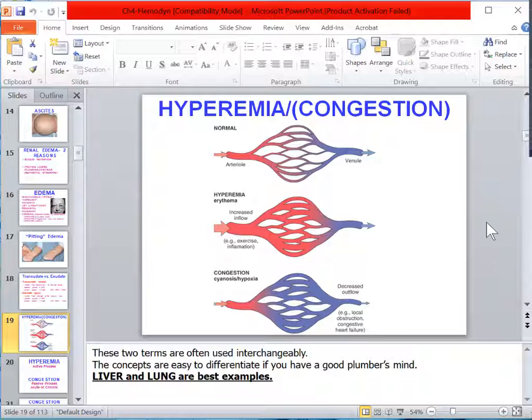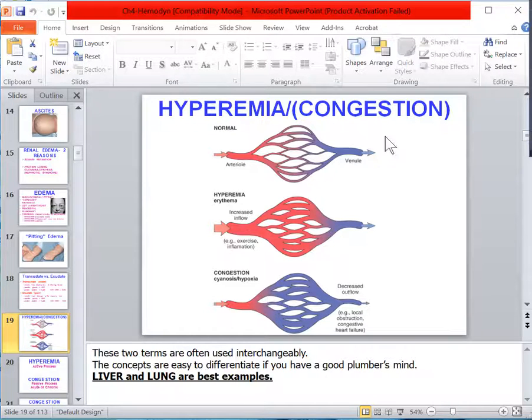Another thing to remember is that there is a difference between the pathophysiologic concepts of hyperemia and congestion, okay? Even though these terms are often used interchangeably, and they may look very similar histopathologically, technically hyperemia is an active process in which there's increased flow.